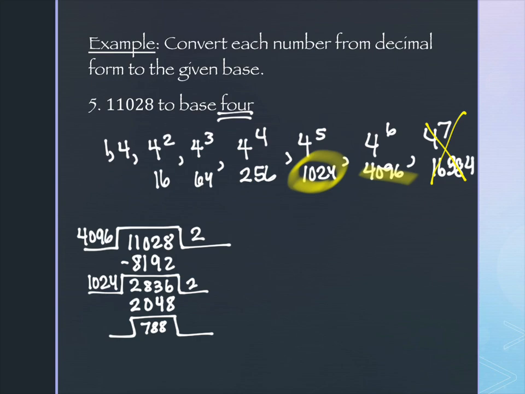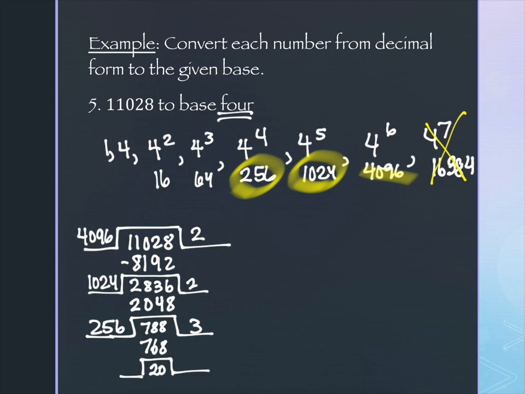All right, now we're going down our list. We're going to divide by 256. 3 times. 3 times 256 is 768. Subtract and I get 20.